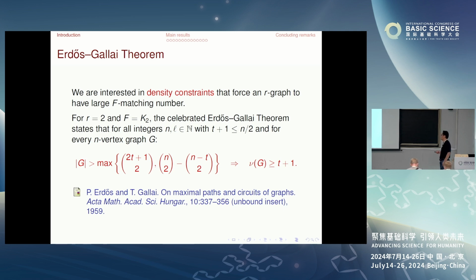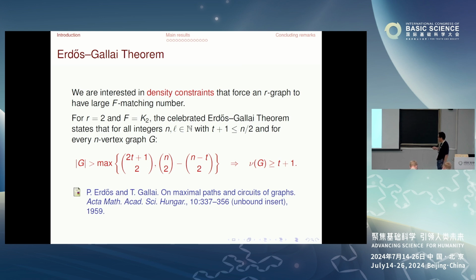The Erdős-Gallai theorem tells us that if the number of edges in G is at least this one, then we can find a matching of size at least t plus 1. These are two extremal graphs.